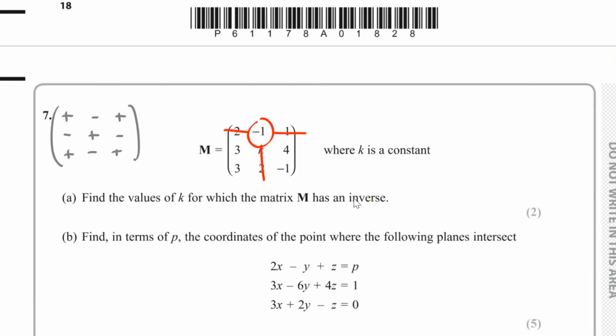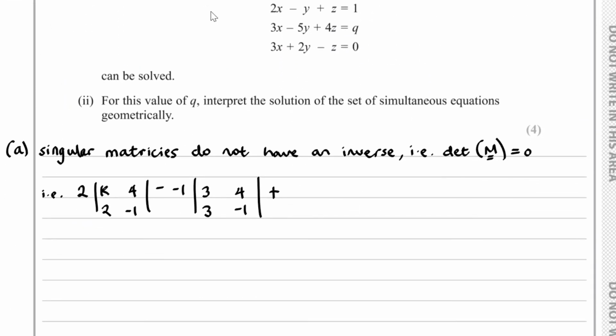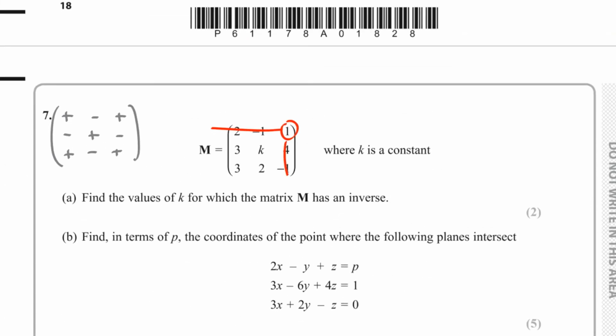If we look here and delete like that, we have (3, k; 3, 2). So we have 1 lots of the determinant of (3, k; 3, 2), and all this is equal to 0.